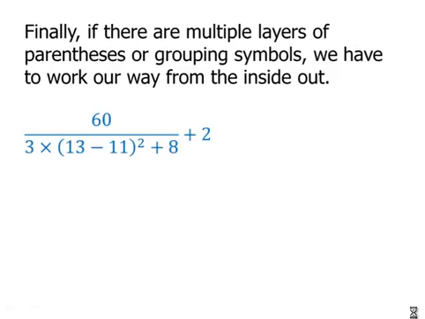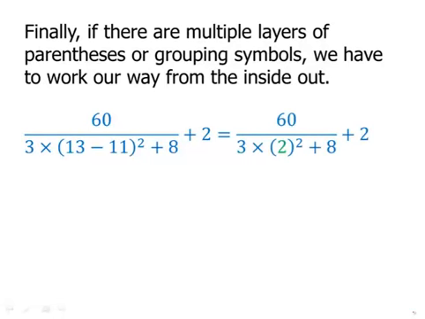So for example, here I have a long fraction bar. So we have to handle everything under the long fraction bar before we do anything else. Within the long fraction bar, we have parentheses. So that's another grouping symbol. So first thing I have to do is those innermost parentheses, 13 minus 11. So that becomes 2.